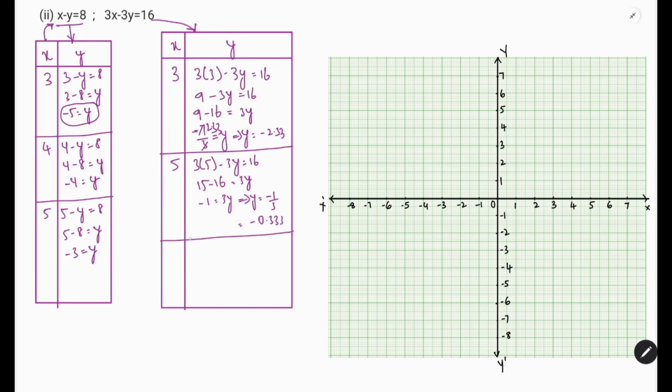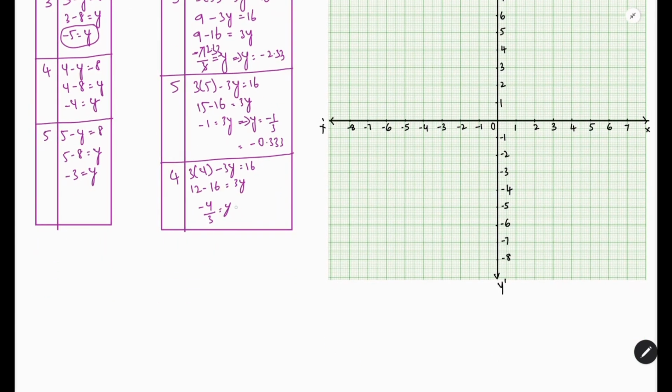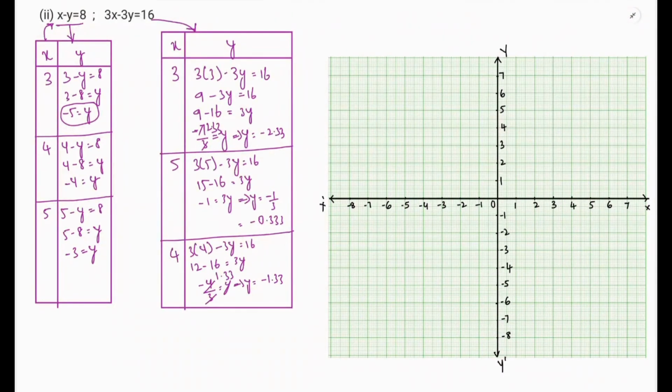Now if x equal to 4, 3 into 4 minus 3y equal to 16. 12 minus 16 equal to 3y. 12 minus 16 is minus 4 by 3 equal to y. So y is minus 1.33. Okay, we will represent these values on a graph.